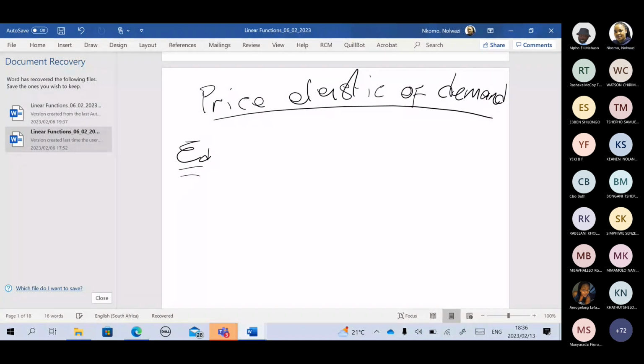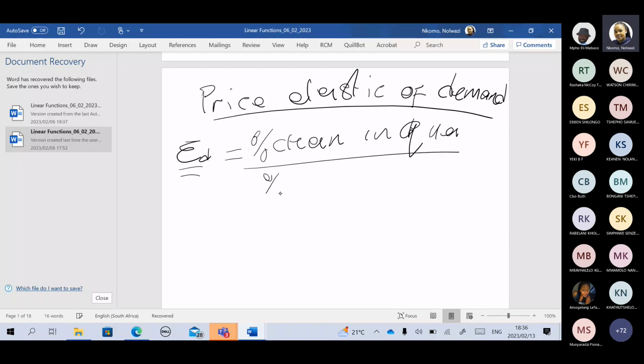Okay. To calculate the price elasticity of demand, you will use this formula, which is the percentage change in quantity of demand over the percentage change in price.